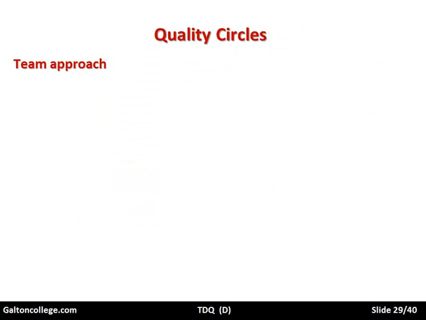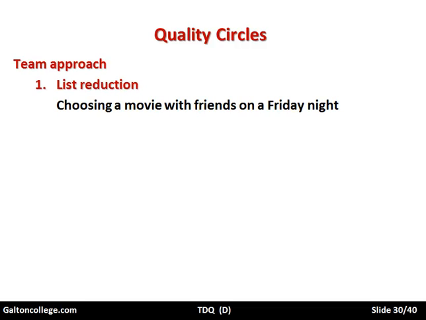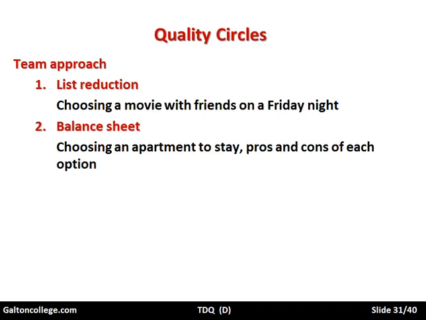Quality circles. Well, it's a team approach. List reduction. Well, choosing, let's say, going to see a film or a movie with friends on a Friday night. So the list is reducing the possibilities of decisions down to one, let's say.